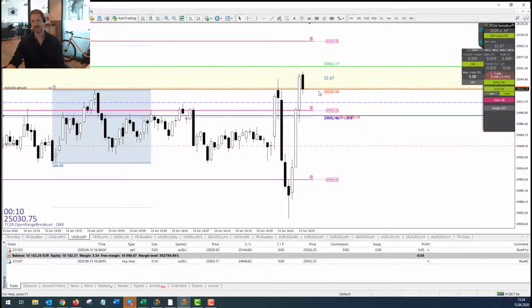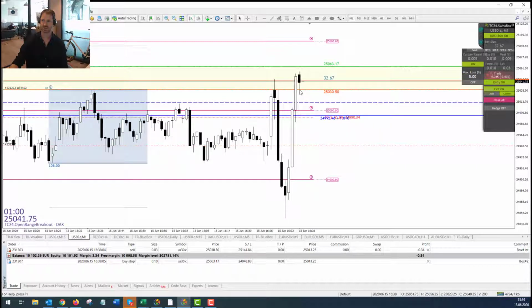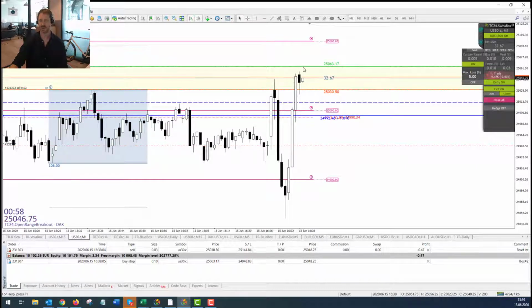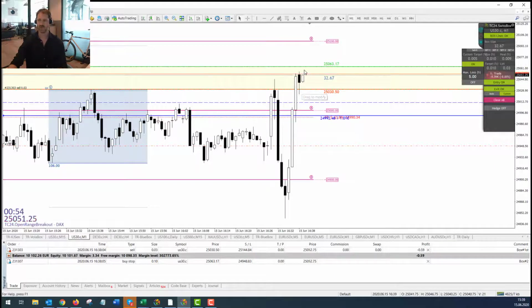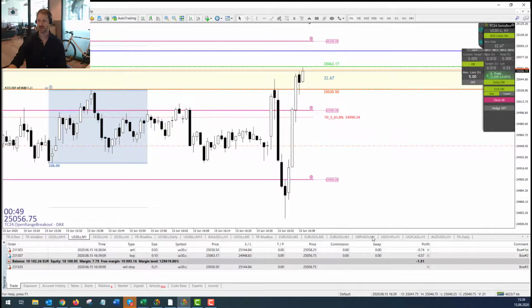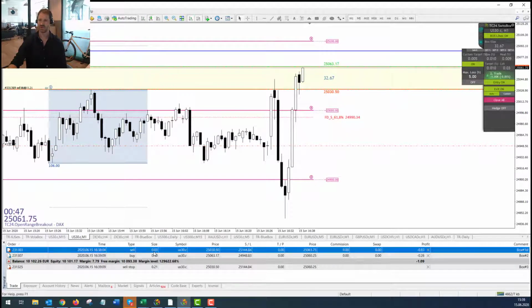Second scenario, Dow Jones breaking up to the top. And then what? As this being a classic open range breakout strategy, you would normally say, all right, let's close the short order and open the second order. So we don't close the first order, but we do open a second order. Just like this, we are now short in the market and we are long in the market.